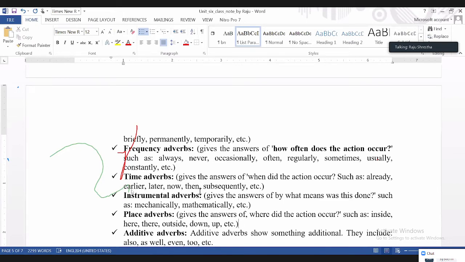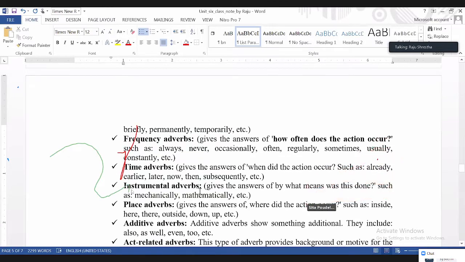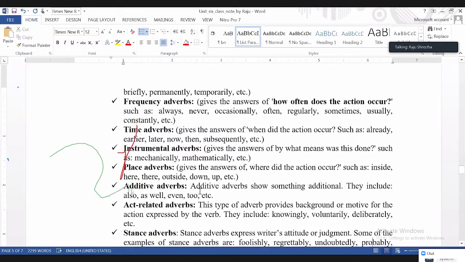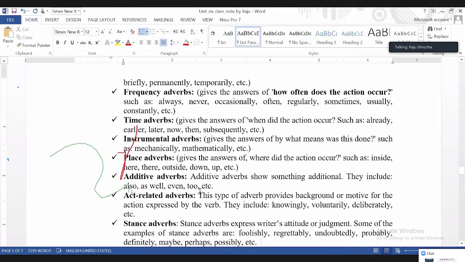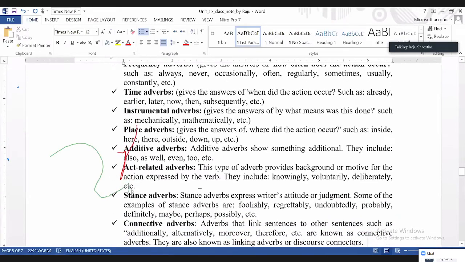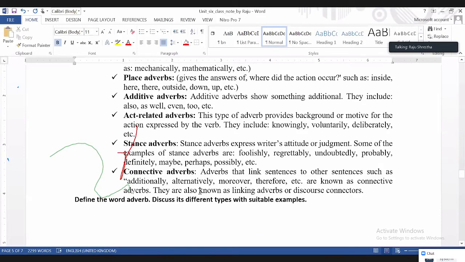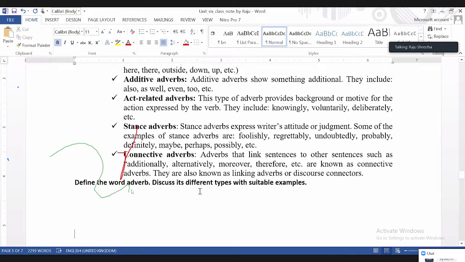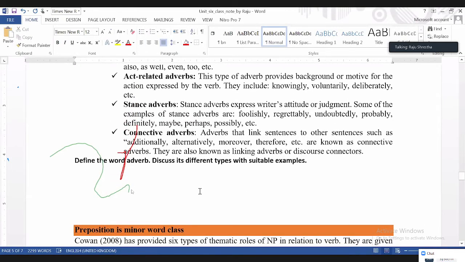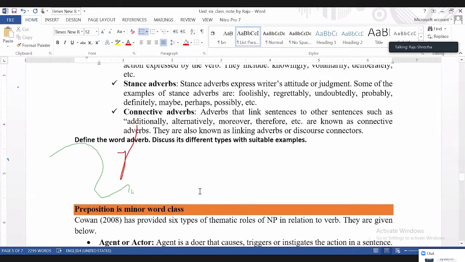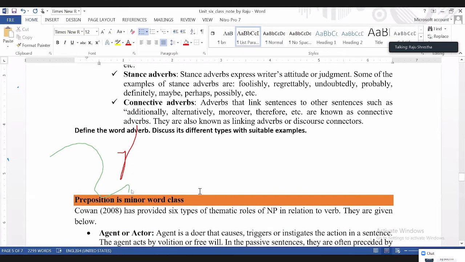These are place adverbs. And then additive adverbs, we just add as soon as, even, too, also, and we add some more ideas. Then act related, like knowingly, unknowingly, voluntarily, deliberately, intentionally. Then connectives, we know connectives: additionally, alternatively, moreover, therefore, etc. Also connective adverbs. They are also linking adverbs or discourse connectors.